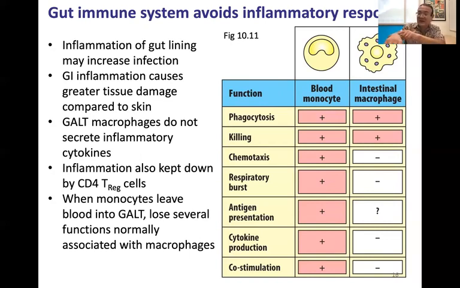If you get a cut on your arm, maybe the closest lymph node is under your armpit. So stuff actually has to drain all the way up there before your peripheral or systemic immune system has a chance to take a look and present stuff to lymphocytes, right?